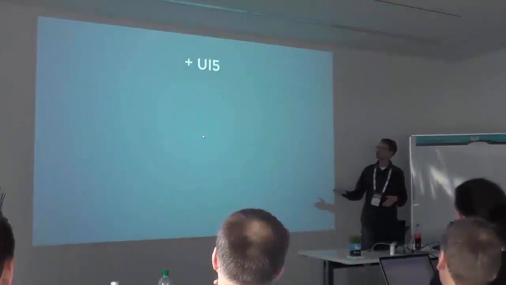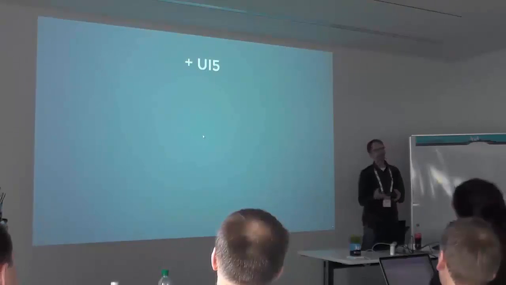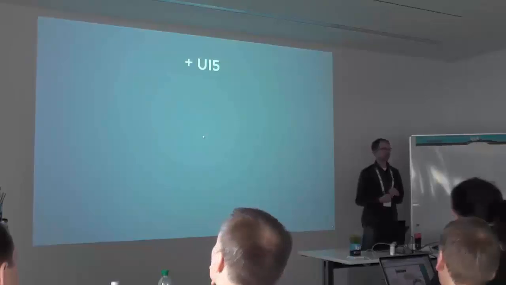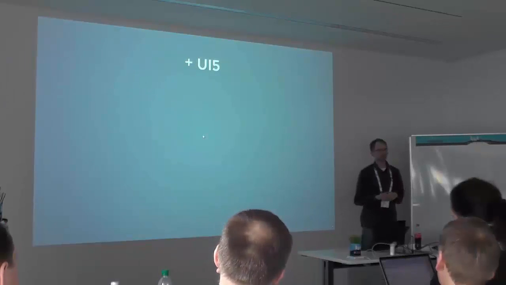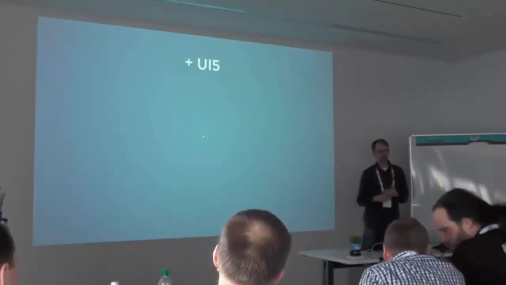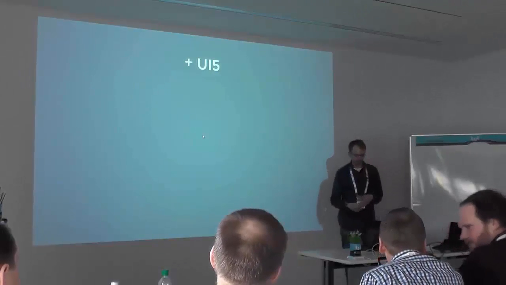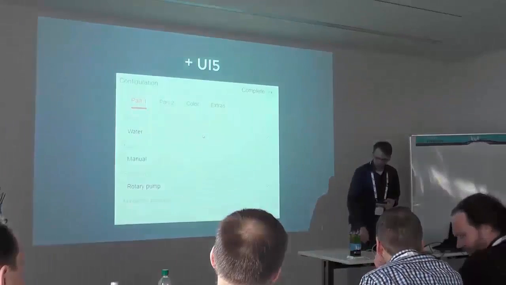And there was a step before that. Some years ago, my colleagues created an implementation in XJS, which was another JavaScript framework. And in the last year, we replaced it and migrated to UI5. And this solution looks something like this.